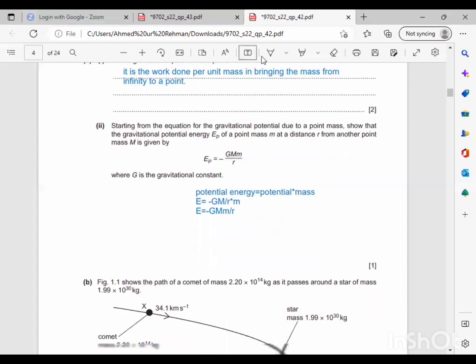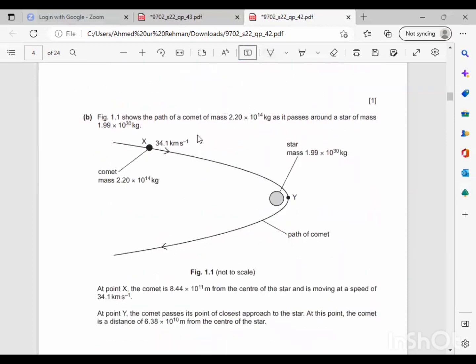Moving on, figure 1.1 shows the path of a comet of mass 2.20 into 10 to the power of 14 kg. So this is the comet and it's moving at this point. It has a particular speed which is given as 34.1 kilometer per second. And it's passing around a star of mass M, right?